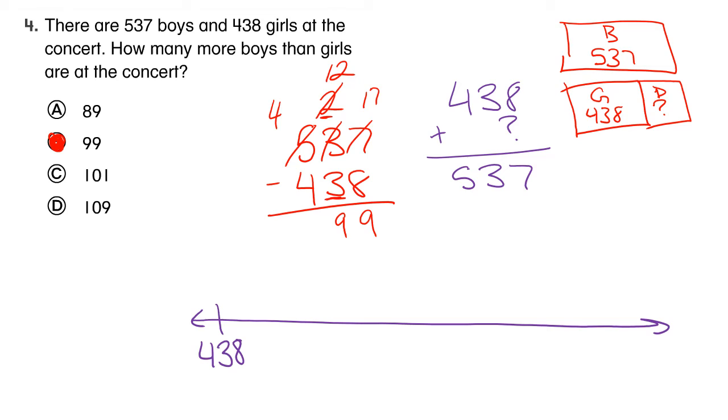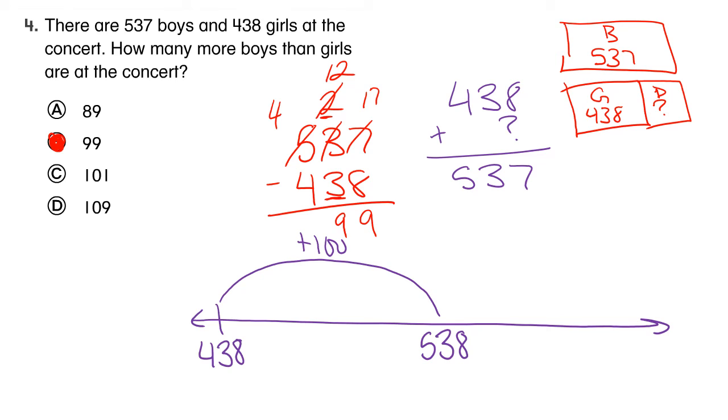Now, what number can I add to 438 to get us close to 537? I know before I said that we're trying to not go over, but in this case we can. So 438, closest I can get to 537 quickly is I'm going to add 100, and that's going to give us 538. But we don't want 538, we want 537.